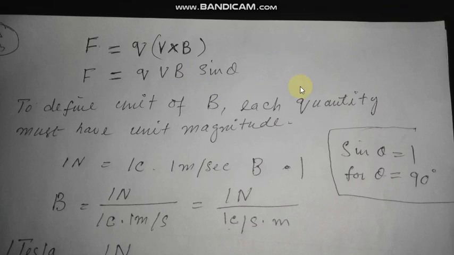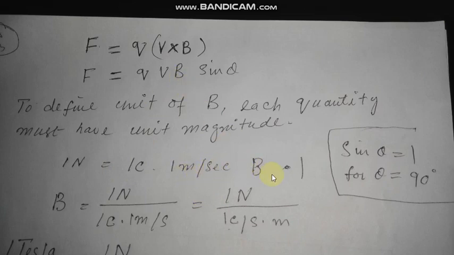Now if we have to define the unit of this B, then we will have to make each quantity equal to a unit value. So this force is equal to 1 Newton, the charge will be equal to 1 coulomb, and the velocity is 1 meter per second.